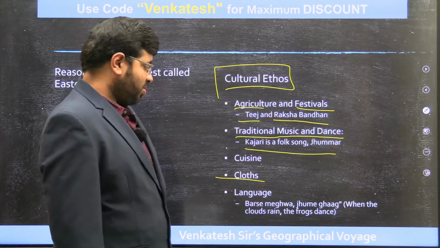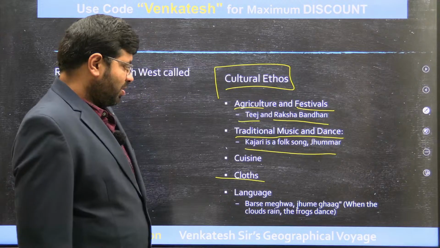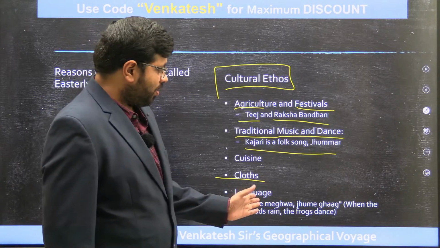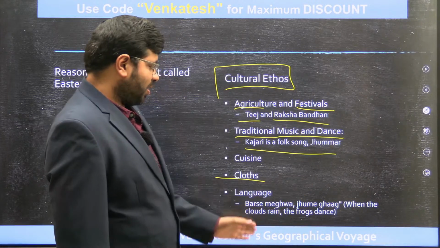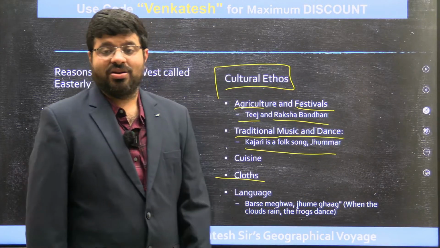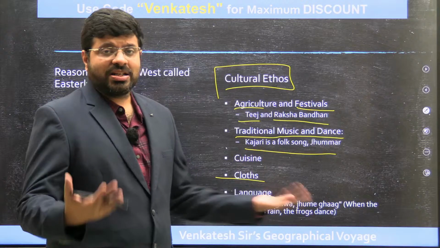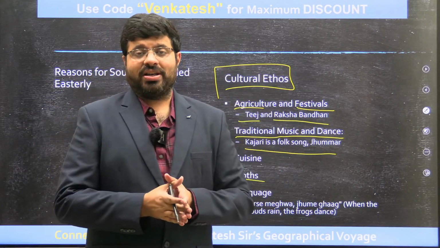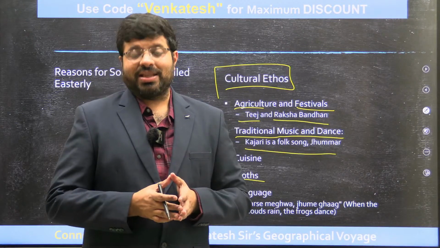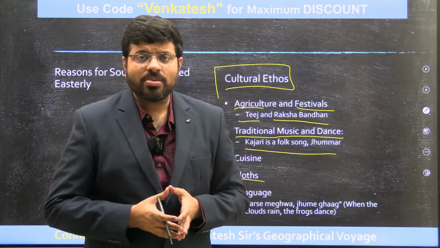The language, you see, you have so much language. Barse Megha, Jhume Dadur, when the clouds rain, the frogs dance, all those kinds of things. The cultural ethos, the literature, the food, the clothes, the festivals, the dances. That is what culture in a region is about.